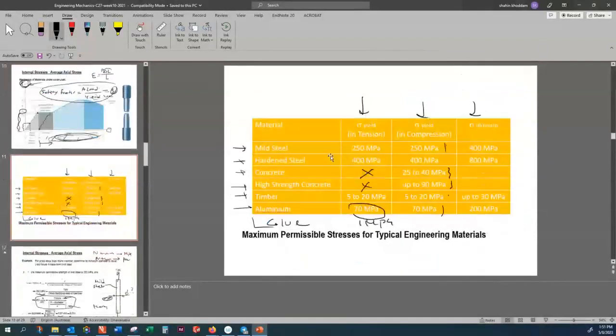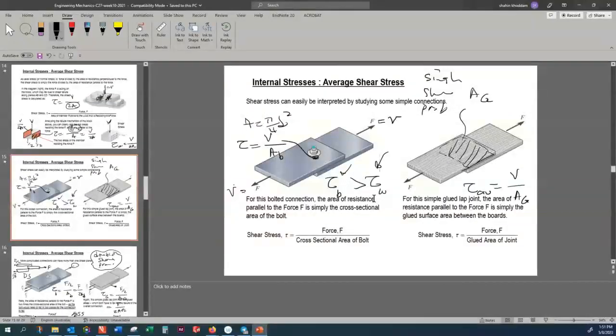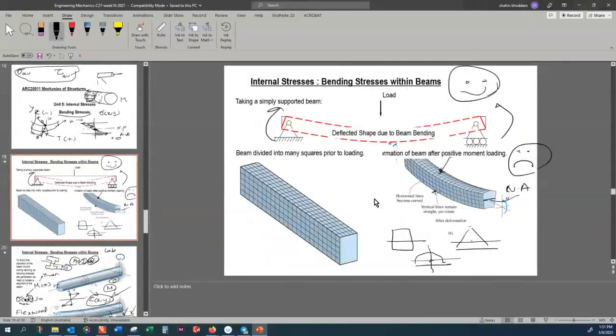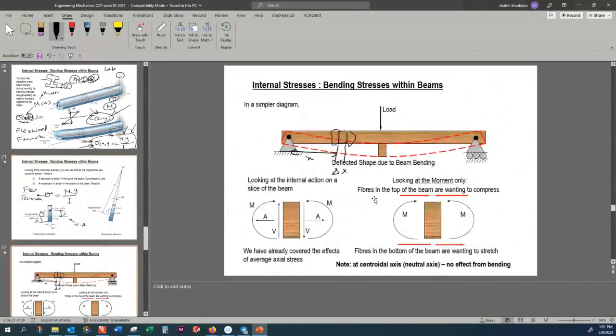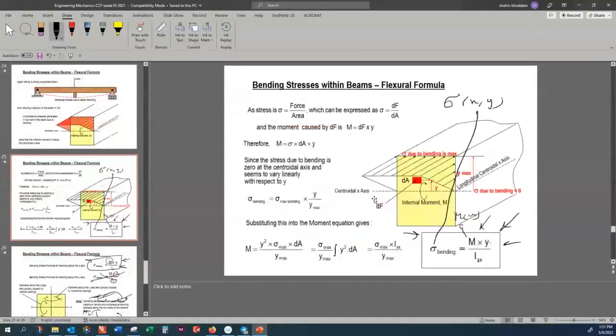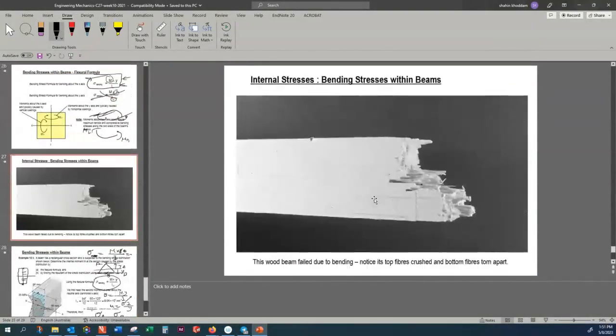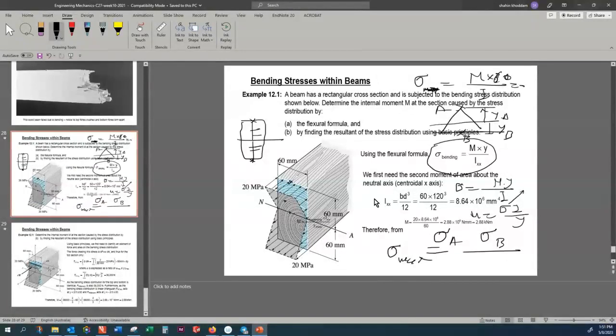Yeah, for wood, the limit is 5 to 20 megapascal. So let's assume this is 20 megapascal. I plug 20 megapascal here.